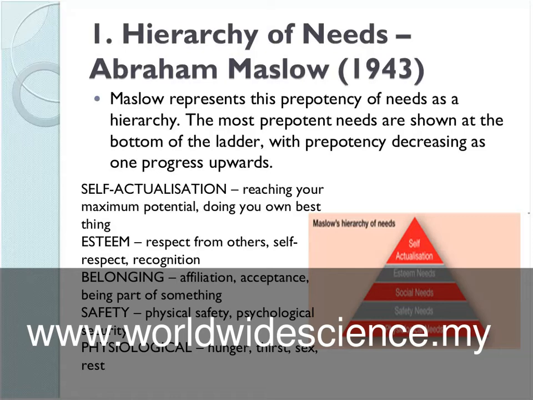That means this kind of needs, the managers have to satisfy for employees. This is the main need by Maslow, which is actually the important and the motivation step. So let's look at the needs from the bottom to top.